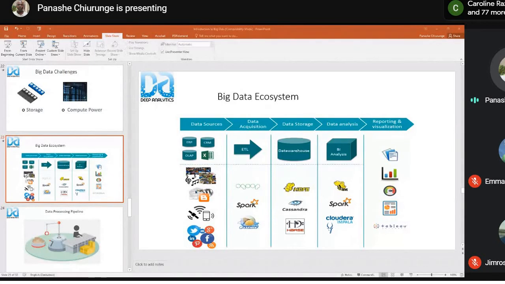And then the reporting and visualization was done by either Excel or Power BI, Tableau, QlikView, QlikSense, or any of those visualization tools. So this is the ecosystem that really dominated around 2012 to about 2016, 17.